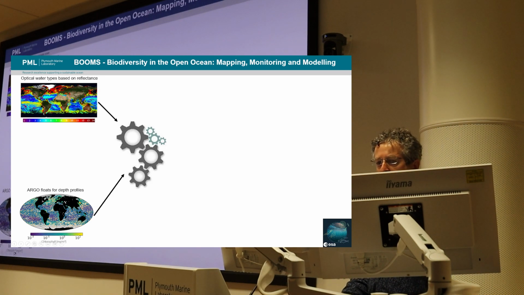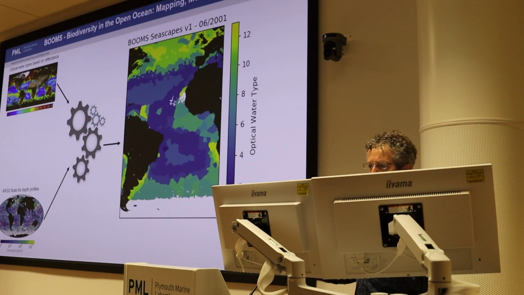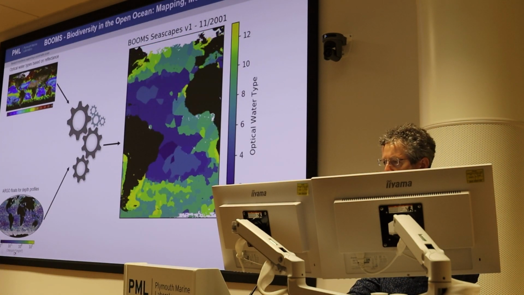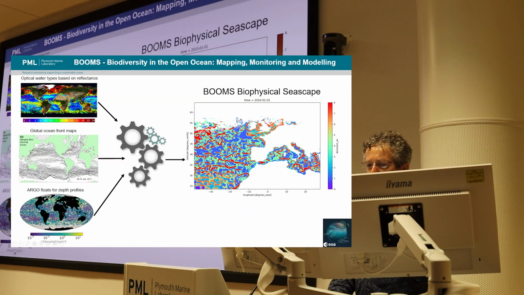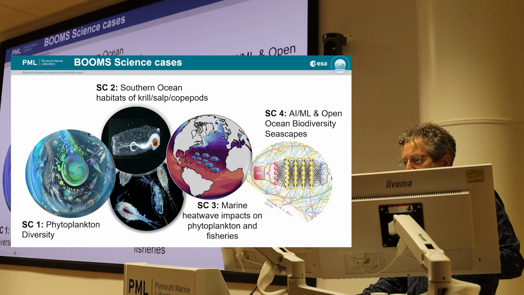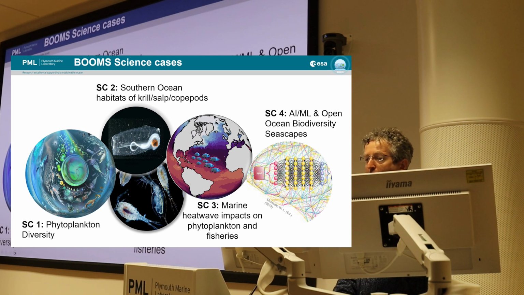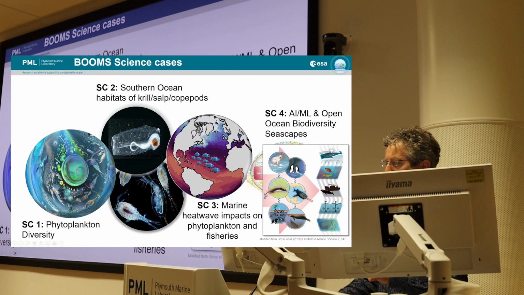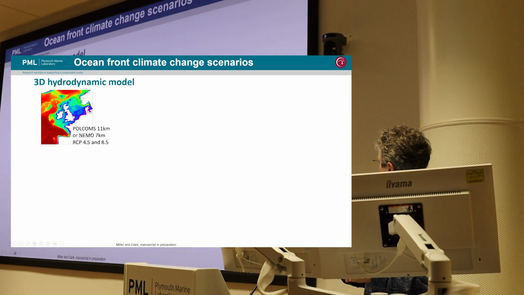So we started just looking at the optics from ocean colour to get this first optical water types approach. But now with the second generation feeding and front maps, we're getting this kind of biophysical information about the ocean, and then this will feed into explaining, hopefully, the distributions of phytoplankton, zooplankton, fisheries, and then top predators. So that's interesting work that we're doing.